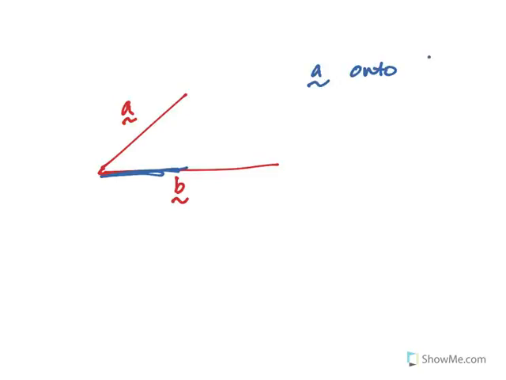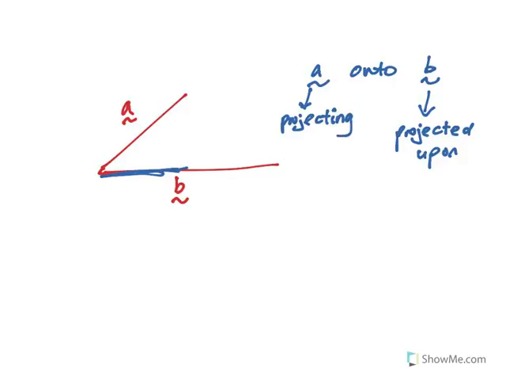We recall that in our notes, if we have two vectors, let's just call them A and B, and we want to find the length of projection of A onto B, remember that here we're talking about A onto B. We have to specify that vector B is the one being projected upon, and vector A is the one that's projecting.